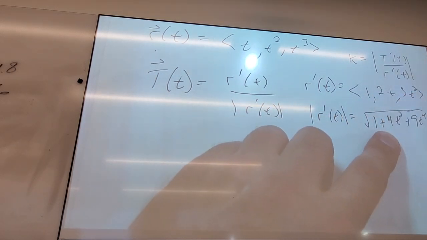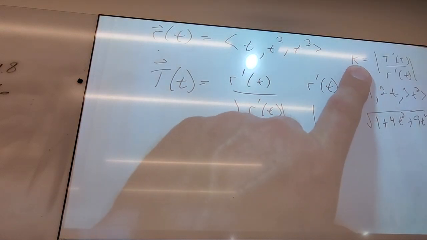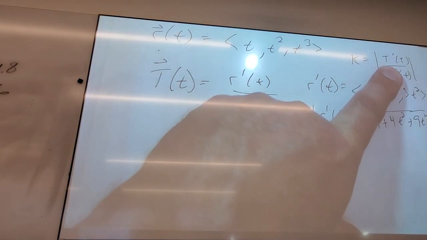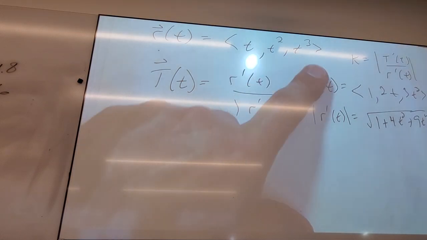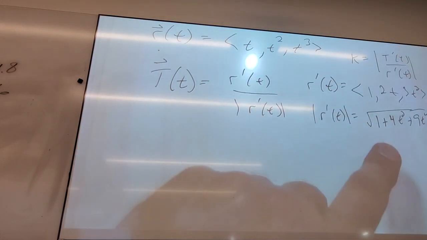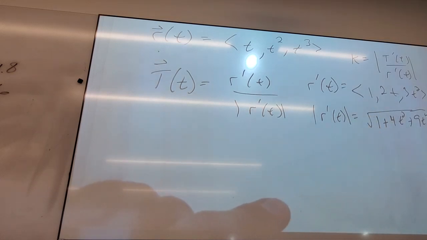And then what do I need for kappa, for curvature? T prime. Do you see how it's a very simple space curve? And does everybody see how disgusting it already is? I really want you to understand why there's a whole proof to rewrite the form of the curvature in a better, more workable way.